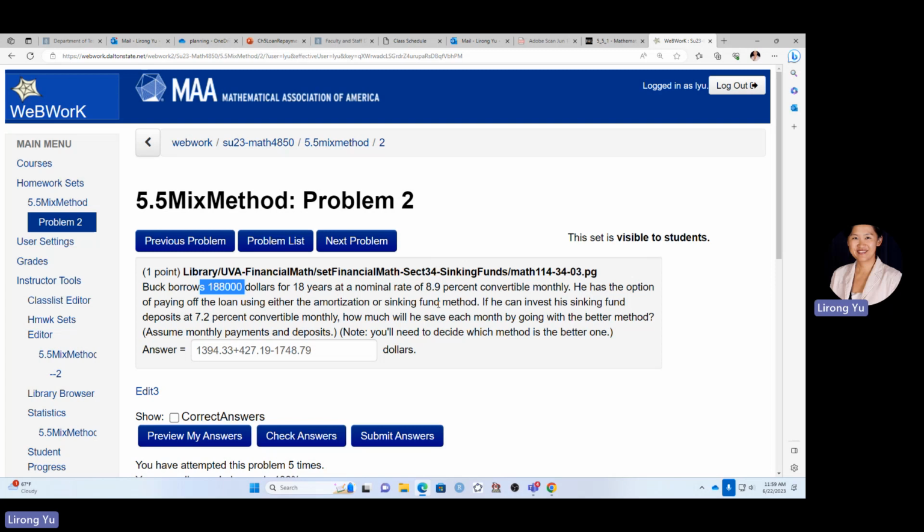That separate account, the sinking fund deposit, earns 7.2%, and that's the account we're saving in to have enough funds to pay for the principal.